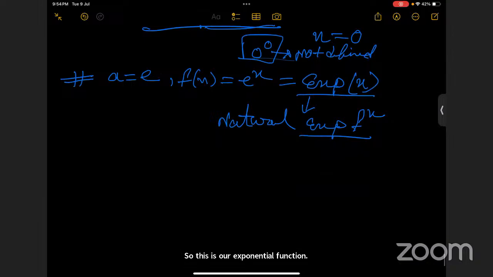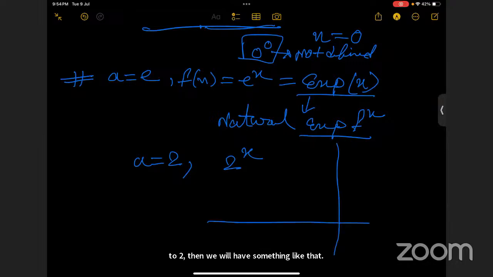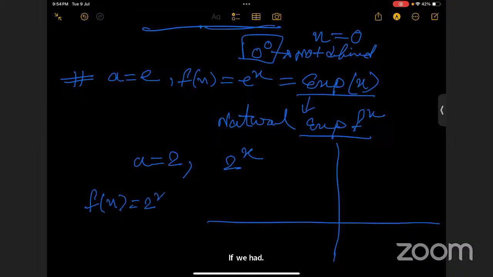We can draw the graph also. Suppose we take a equals to 2, then we have f of x equals to 2 power x. Simply put x equals to 0, then f of x will be 1.